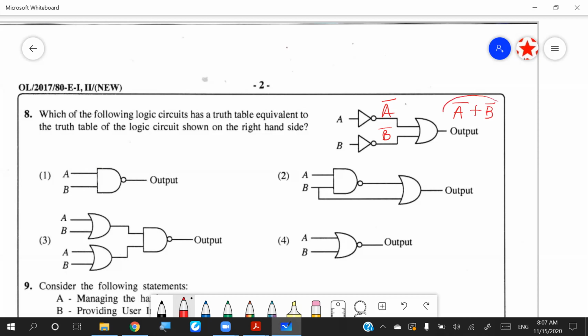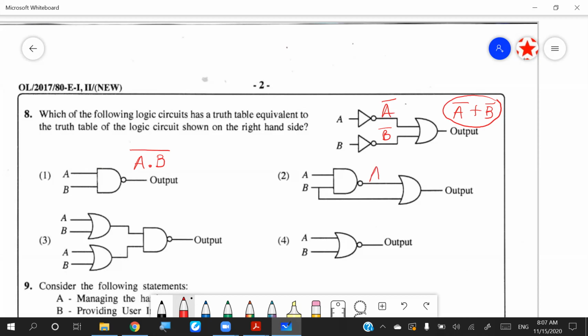So we have to construct this particular truth table, and then we have to take the outputs of each and every gate and see whether these are going to be equal with the given circuit. So this is a NAND gate, so it will multiply the things and complement.